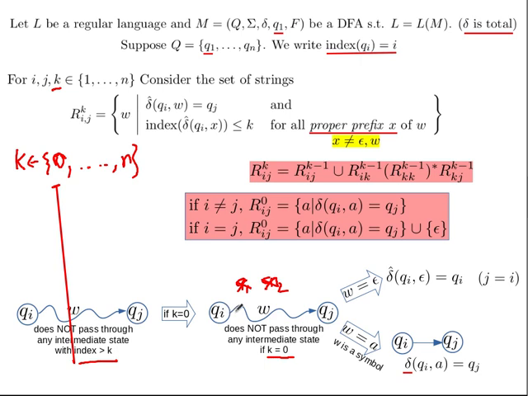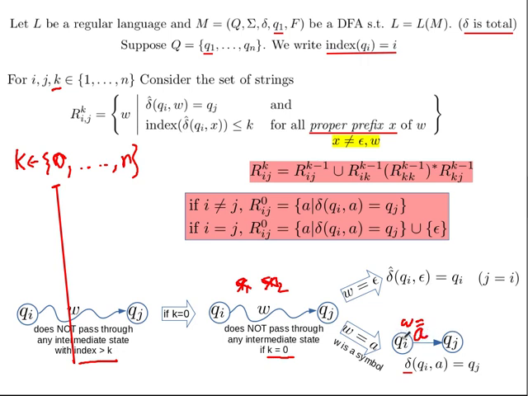So then how does this path look? One case is that it's just a direct transition, like this. So it's just a direct transition on a single symbol, right? So this symbol itself is your w. So your w here is just a symbol.